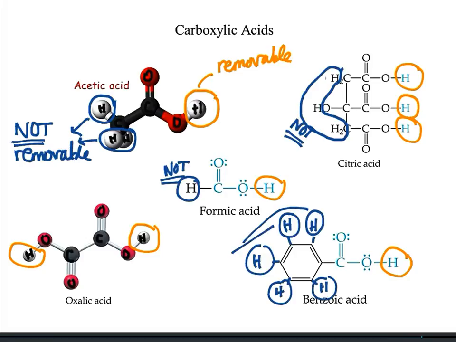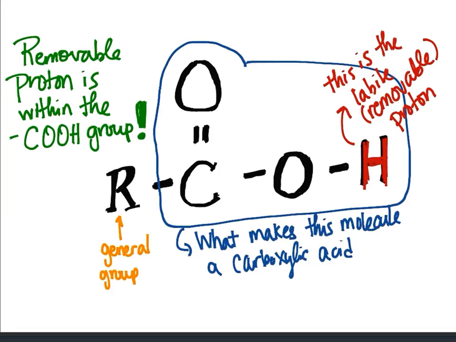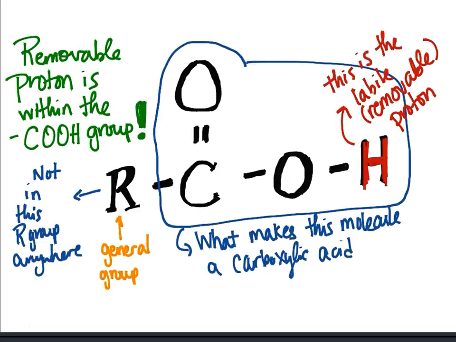So I circled all the not removable hydrogens in blue. Generally, carbon doesn't like to get rid of anything attached to it. So the removable proton is within the COOH group. It is not a part of the R group, ever.